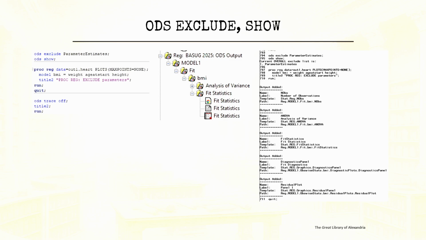Up at the top, you can see it's ODS show, and it says parameter, what's in the exclude list, and we're excluding the parameter estimates there, and that will show in your log. You do have to look at your log to see that because it doesn't report it anywhere else.